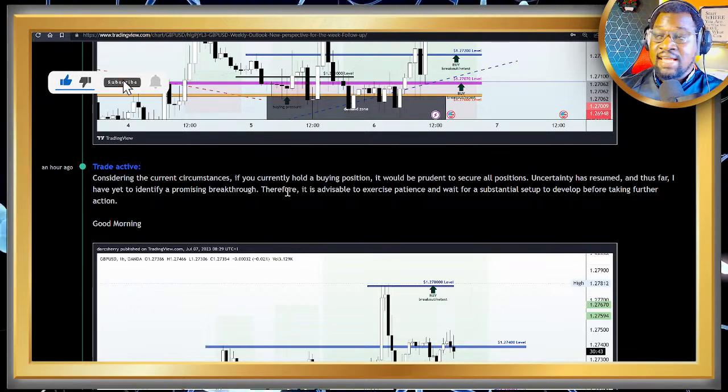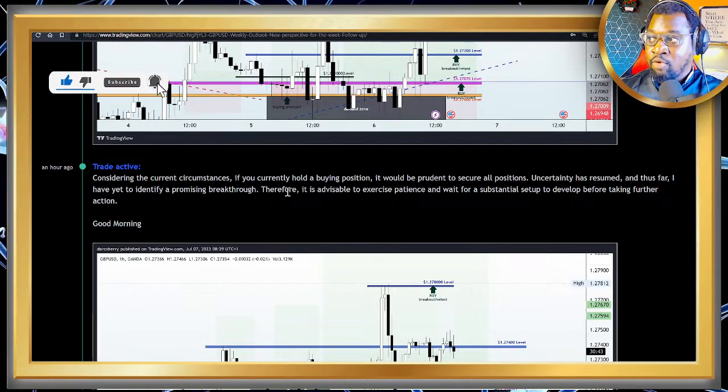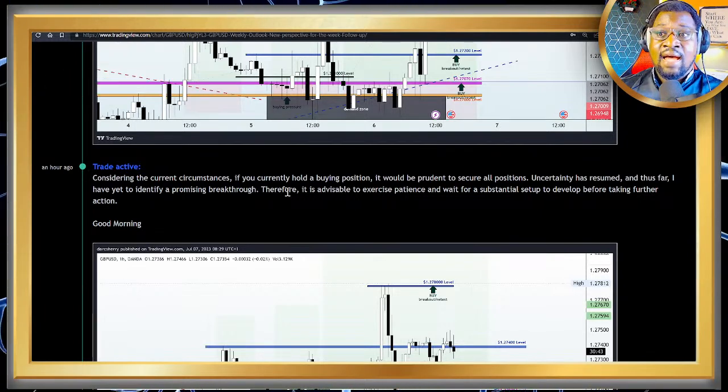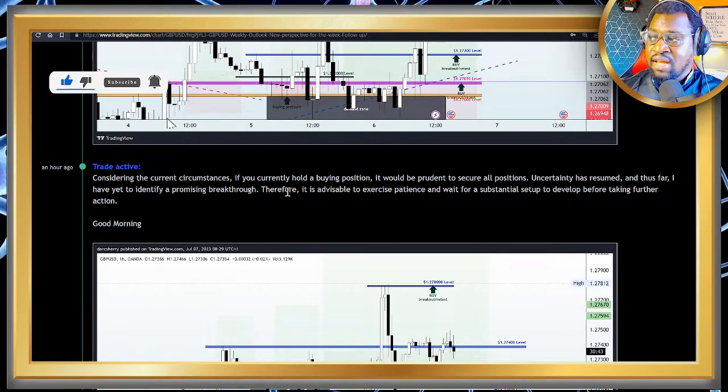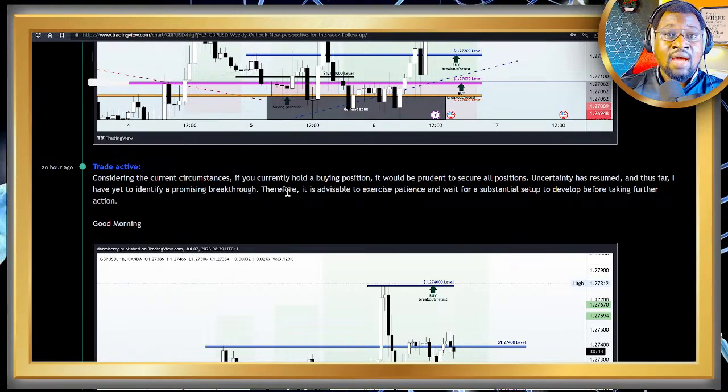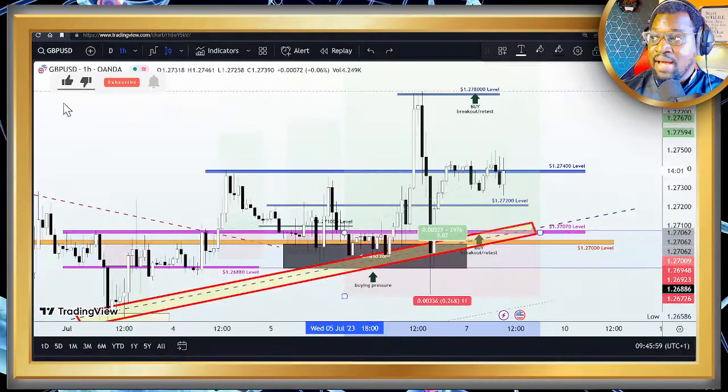And uncertainty has resumed. Of course, we saw that a moment ago, and thus far, I have yet to identify a promising breakthrough. Therefore, it is advisable to exercise patience and wait for a substantial setup to develop before taking further actions in this particular market.